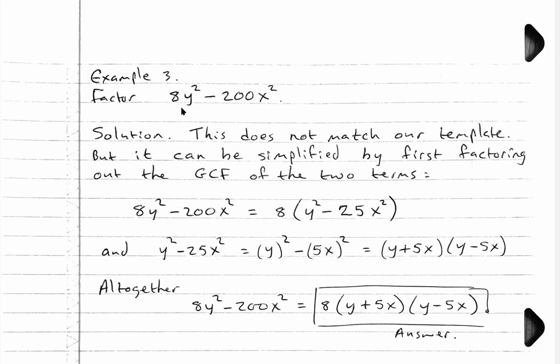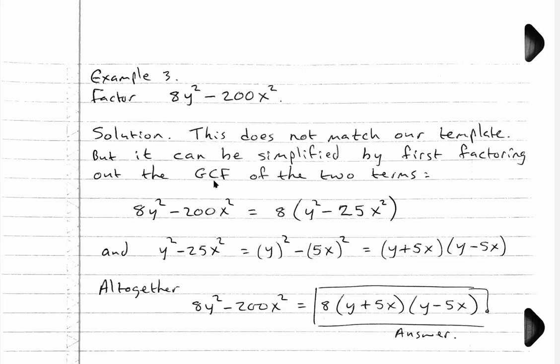We're looking for 1s or 4s or 9s or 16s. Also 200 is not a square either. So initially this doesn't match, so we can't write this as something squared minus something else squared.